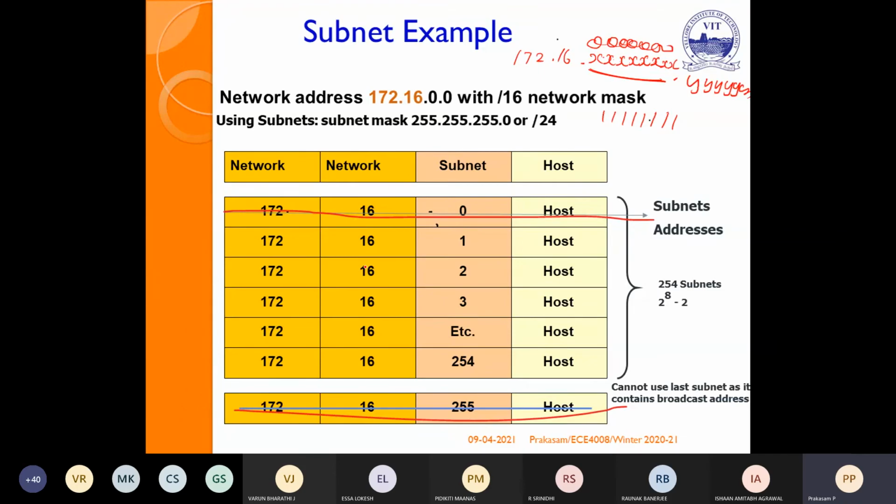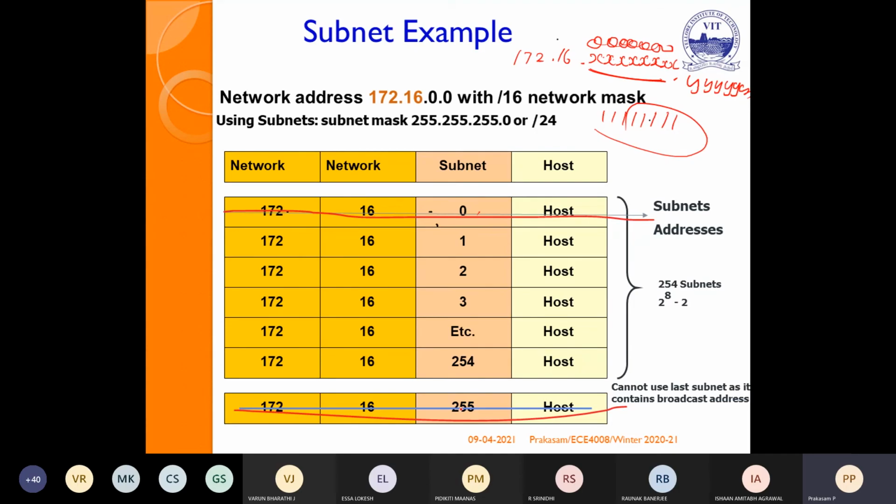Increase from 0 0 0 0 to all ones and convert that into the respective decimals. 0 0 0 means 0, 0 0 0 1 means 1, 0 0 0 0 1 0 means 2. It keeps increasing, and if it is all 1s, it is 255. So it increases from 0 to 255.